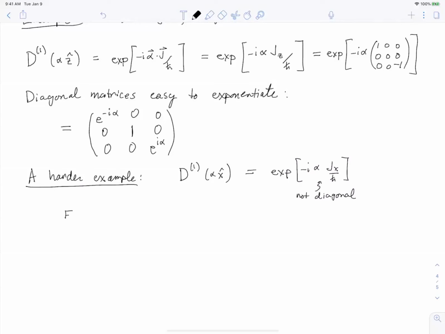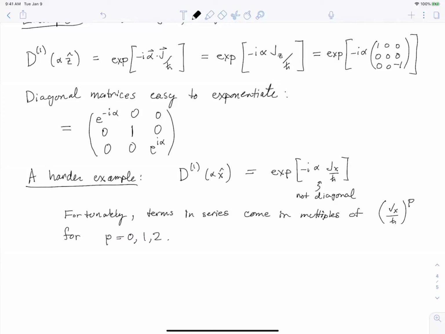So fortunately, if you start taking powers of j sub x, you discover that the terms in the series start to repeat because they come in multiples of j sub x over h bar to the pth power for only 3 values of p, namely p = 0, 1, and 2.